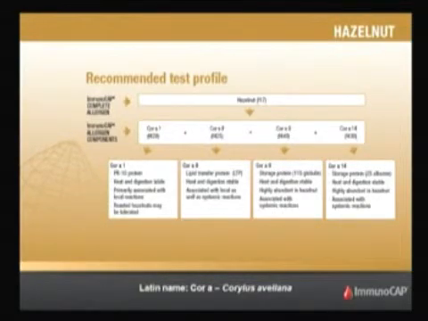Cor a 9 and Cor a 14, two storage proteins, heat stable. So in this case, we have 3 proteins in the hazelnut which are heat stable and which give you a chance of systemic reaction.